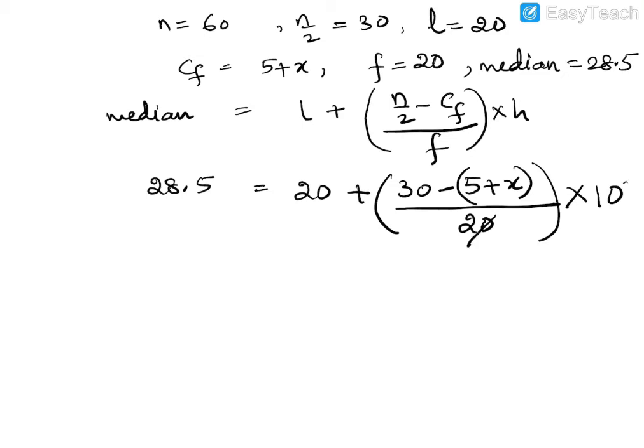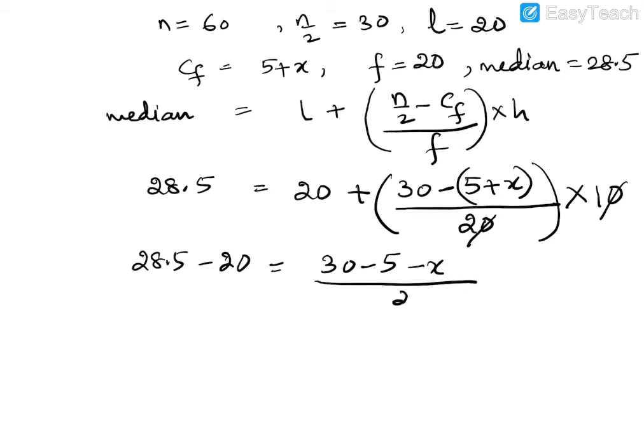So we can cancel the zeros over here. Carry 20 to the left side. So we get 28.5 minus 20 equal to 30 minus 5 minus x divided by 2. This is 8.5 equal to 25 minus x divided by 2. So 17 is equal to 25 minus x.